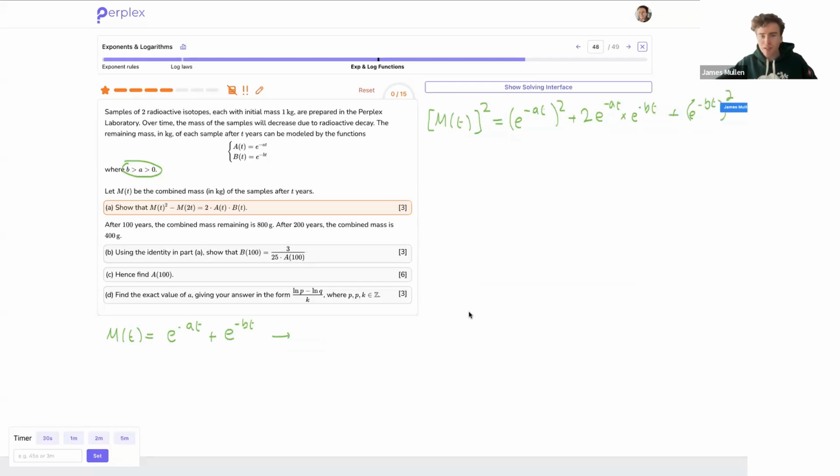That's just the expansion of a plus b squared. I square the first term, 2 times the cross term, plus the second term squared. Okay? And if I then evaluate m of 2t, which is the second thing the question is asking, I get e to the power of negative 2at plus e to the power of negative 2bt.